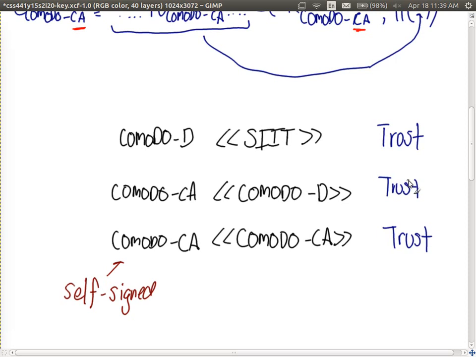So rather than Komodo CA issuing certificates for every low-level organisation, it delegates the responsibility to subunits. And the difference may be the level of trust or the level of proof that's provided to get the certificate.